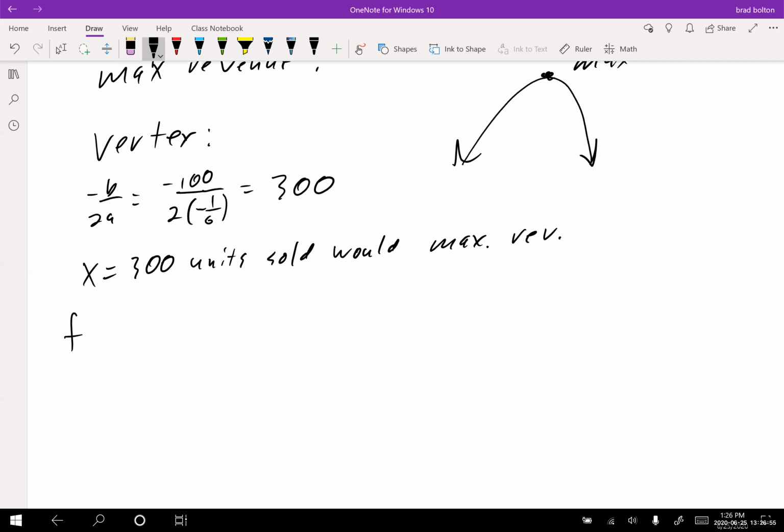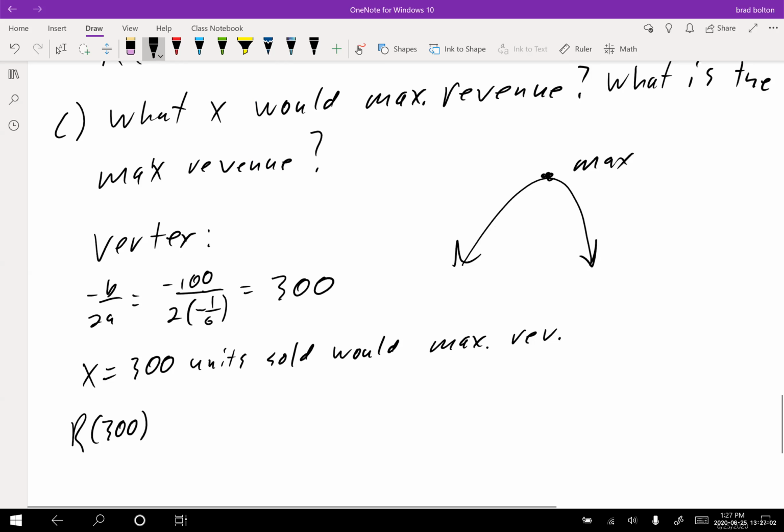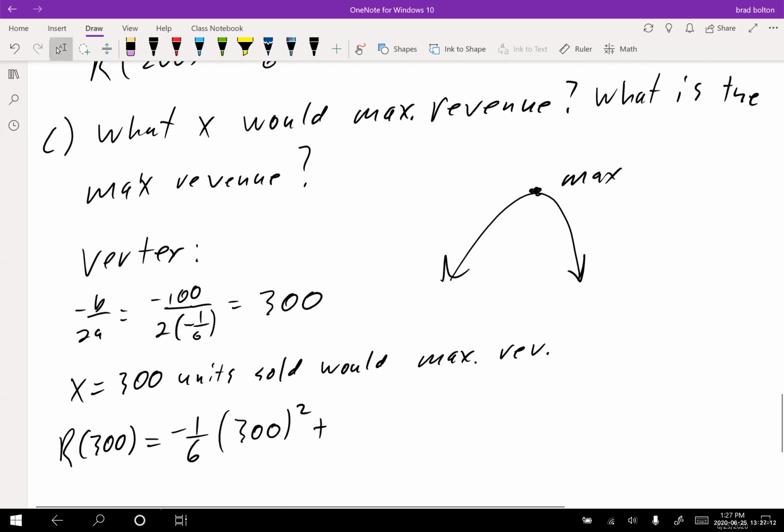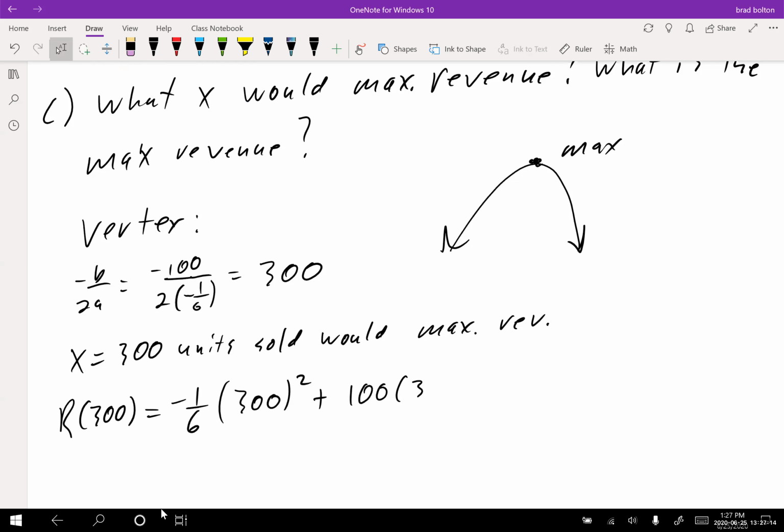Well, then we just have to do R of 300. So just like up here, we did R of 200, we do R of 300. So we're just gonna do negative 1/6 times 300 squared plus 100 times 300 and see what we get. So I'm gonna do 300 squared on my calculator divided by 6 times -1, right?